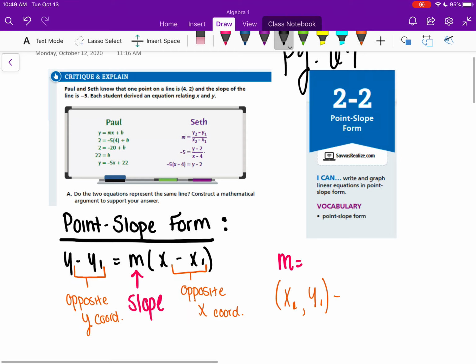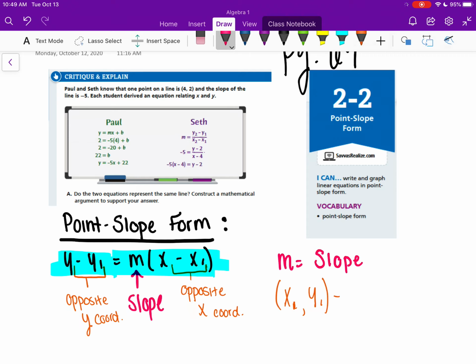Point slope form looks like this: y minus y1 equals m times x minus x1, where m is what we know, it is our slope, and that mysterious minus y1 and minus x1 represent the opposite x and y coordinate of a point given to you.